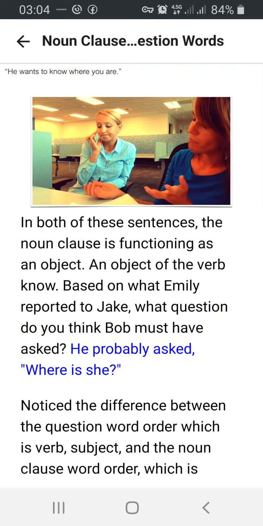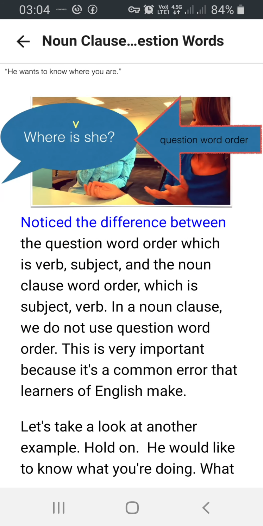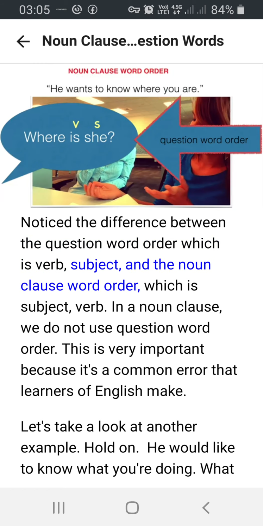He probably asked, where is she? Notice the difference between the question word order, which is verb subject, and the noun clause word order, which is subject, verb. In a noun clause, we do not use question word order. This is very important because it's a common error that learners of English make.